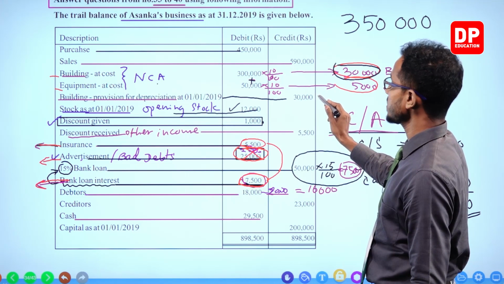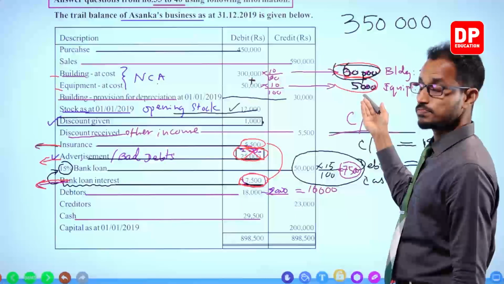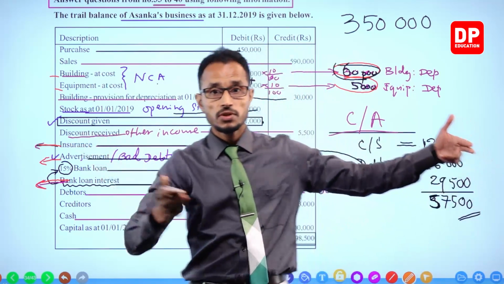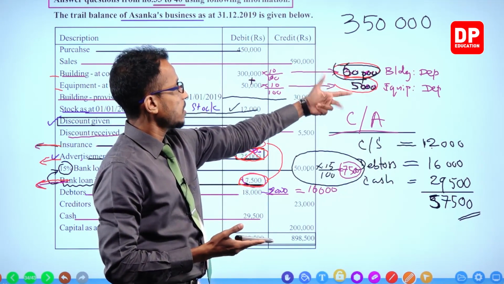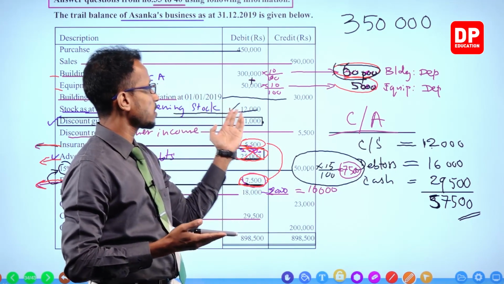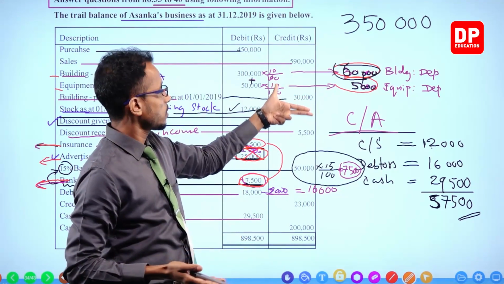So this 30,000 should be added to this 30,000, 60,000. 60 plus 5,000 because there is equipment depreciation, which we have already calculated. How did this become 60? Because there's a provision for depreciation, guys. That's what I did just now.